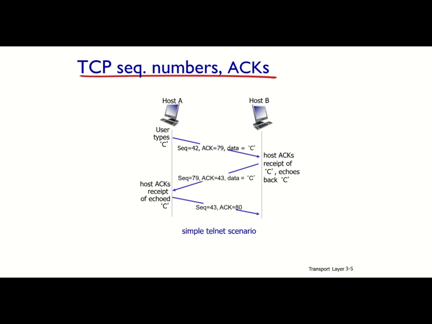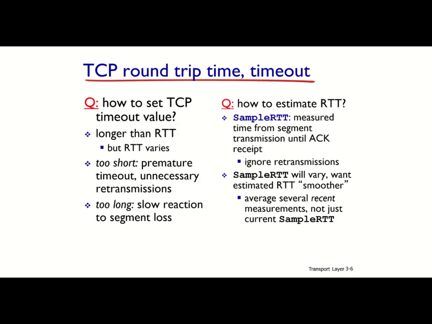So always remember, the acknowledgement number is the sequence number of the next byte that you expect from the other side. As you remember, in the pipelined protocols that we saw before, like GBN and selective repeat, we had a timeout value. Now the question is how to set the timeout value for TCP, which is a pipelined protocol.